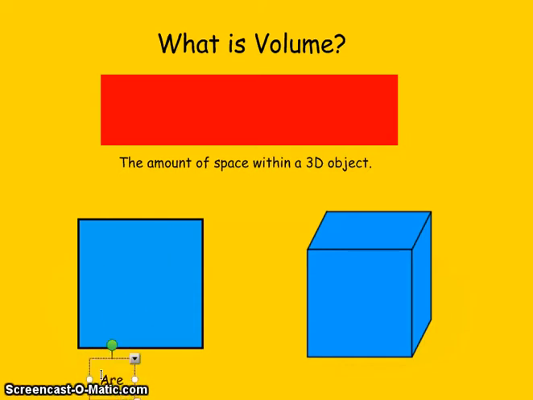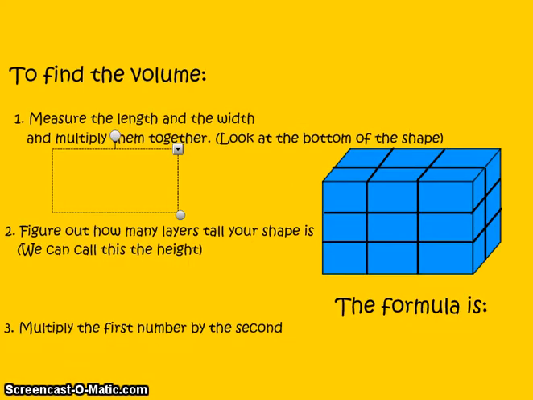We know that's something called area. And we know how to find the area of a shape. We do base times height, or length times width, to find the amount of space within a 2D shape. Well, volume is the amount of space within a 3D shape, and there's a special way that we're going to solve that.